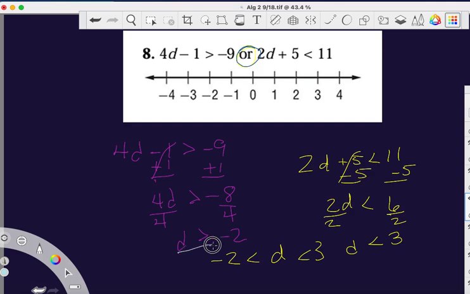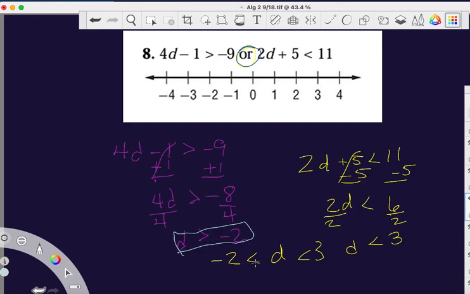This was the answer we came up with. But I could also say D is greater than negative 2, or negative 2 is less than D. It doesn't matter because it's the same thing, as long as the pointing end is pointing at negative 2 and the open end is at D. So technically it's just all real numbers.